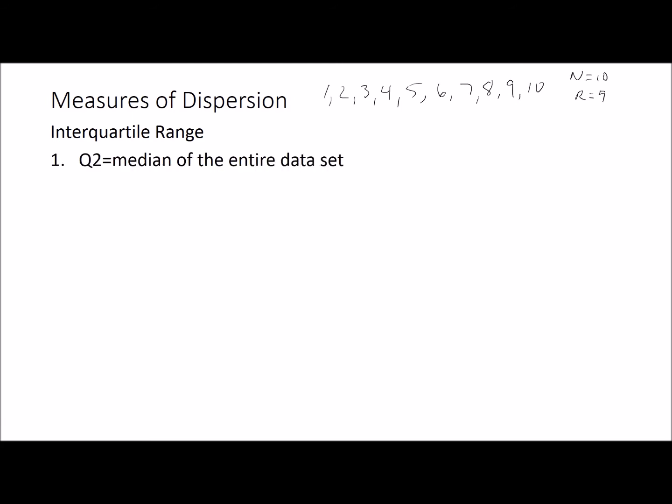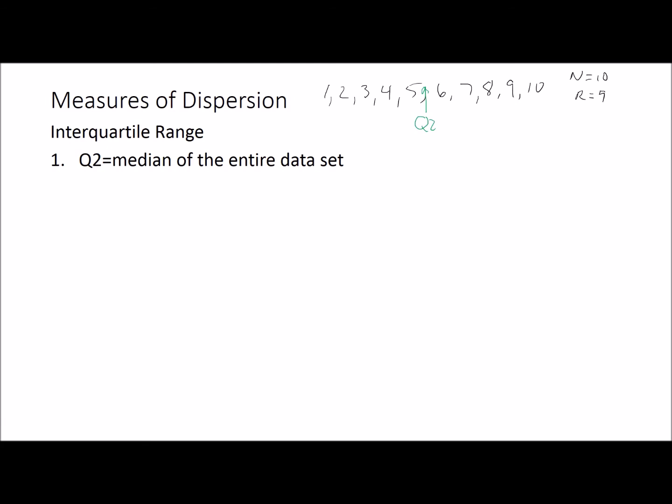First, we want to find Q2, which is the median of the entire data set. You guys know how to find the median, the depth of median, which in this case, we've got an n of 10. So if we're looking for the depth of median, it would be 10 plus 1 divided by 2, which would put Q2 right here.